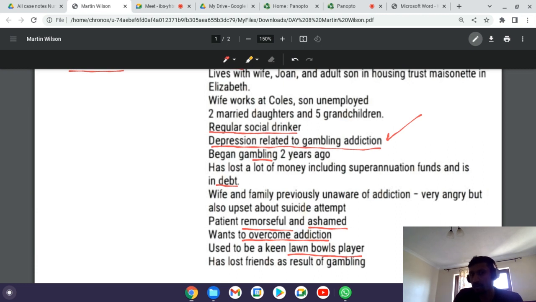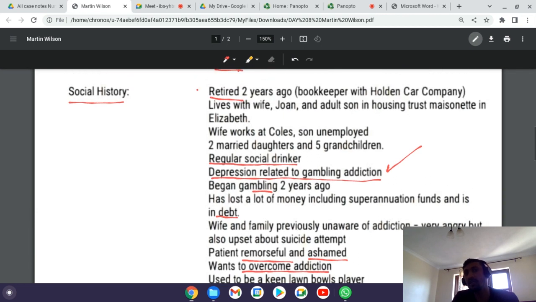When he retired 2 years ago, we put it as semi-relevant. Club that information with the 2 years. Have you got an idea now? So this is why he started gambling: after the retirement he started gambling. You can club that information.